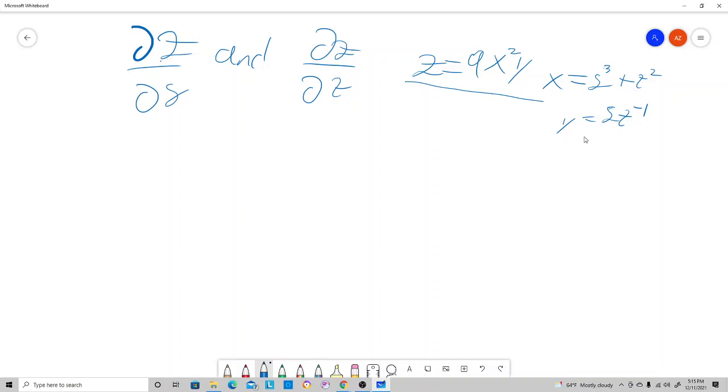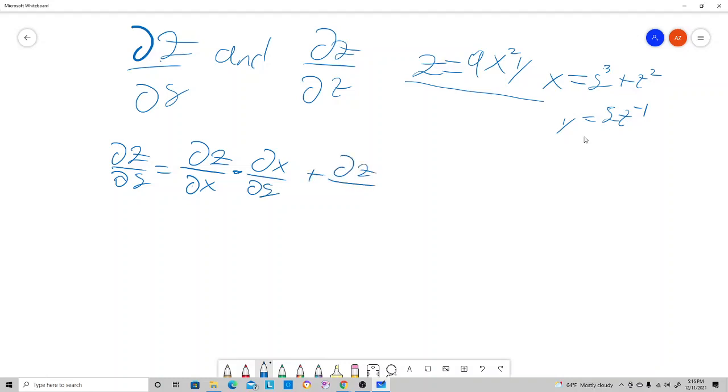So, for example, if you're trying to take the partial derivative of z with respect to s, right? All you have to do is take the partial of z over the partial of x times the partial of x over the partial of s, plus the partial of z over the partial of y times the partial of y over the partial of s.